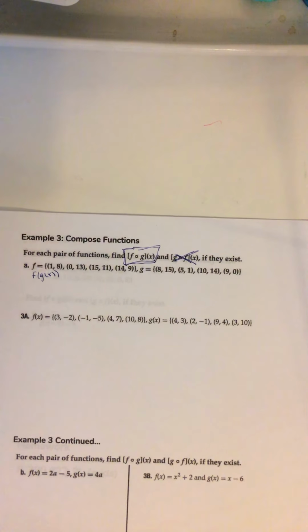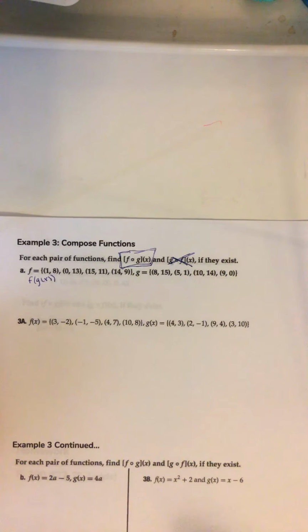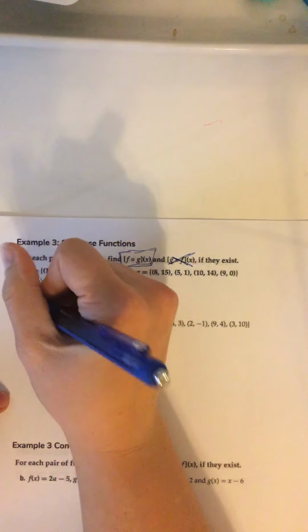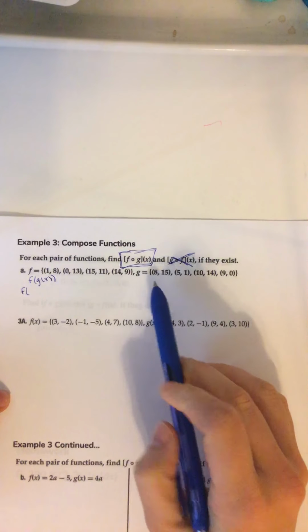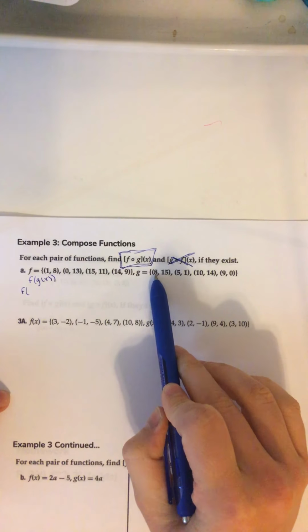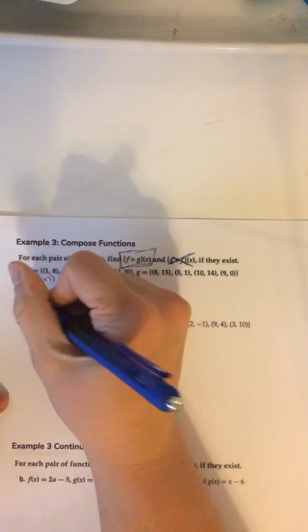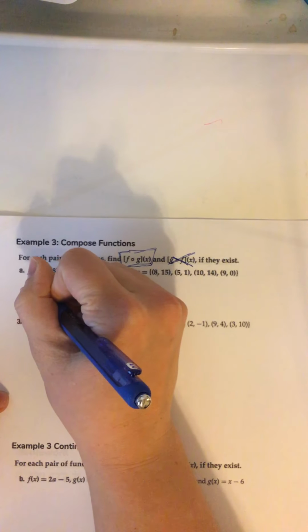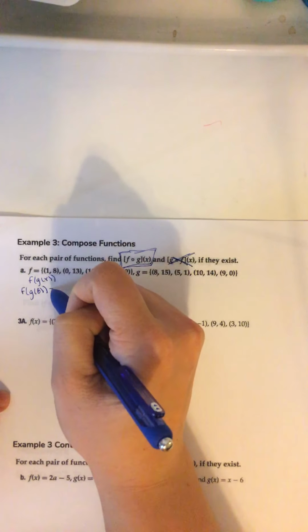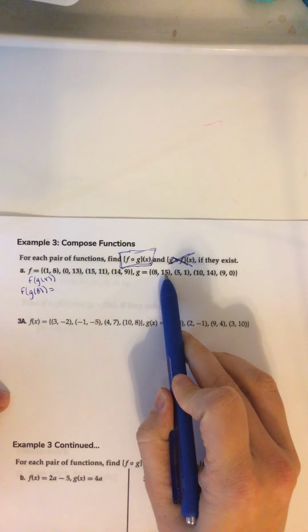We're going to plug g of x into f and see what we get. And our answer is going to be more like a list for this type of example. So to start, I'm going to find f of g of 8. Well, g of 8 is 15, right?